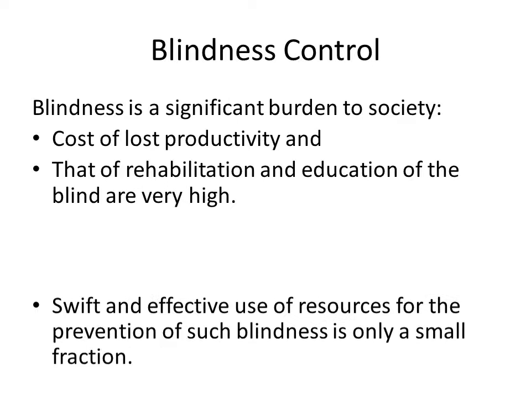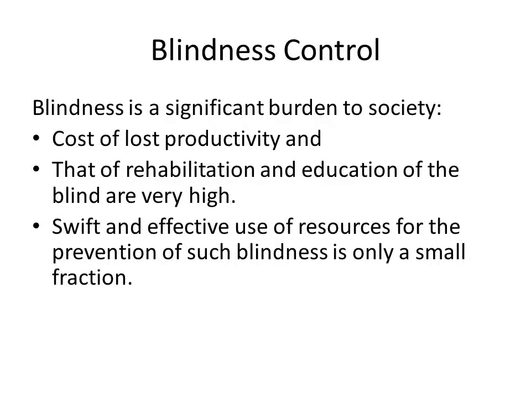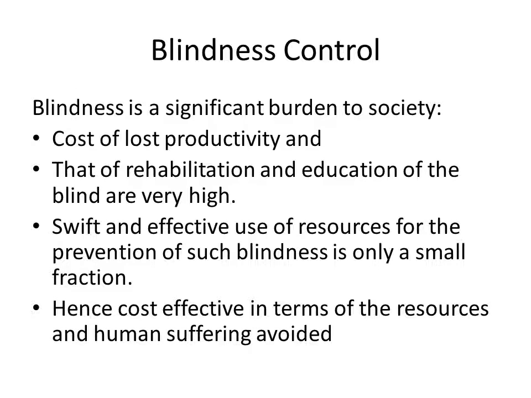On the other hand, swift and effective use of resources for prevention of such blindness is a very small fraction of above cost. And hence, it is very cost effective to control and prevent blindness in terms of resources and human suffering avoided.